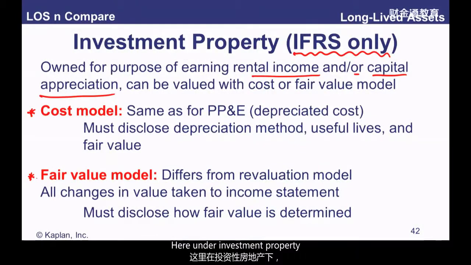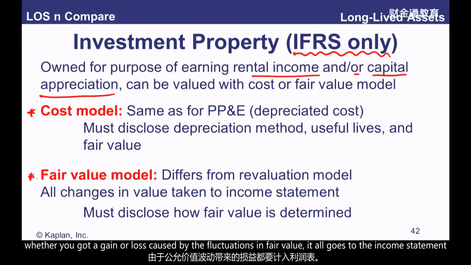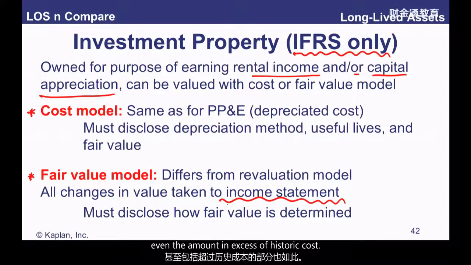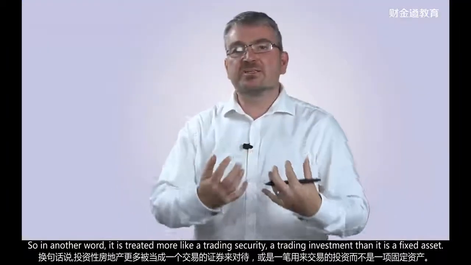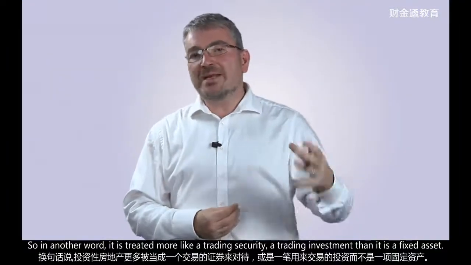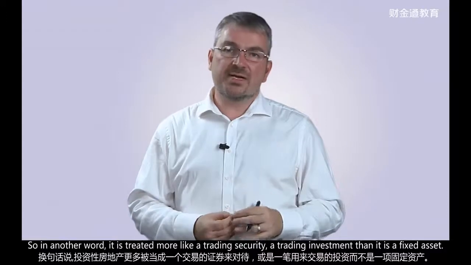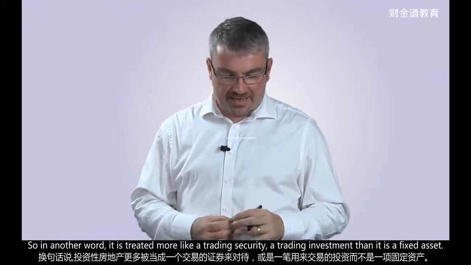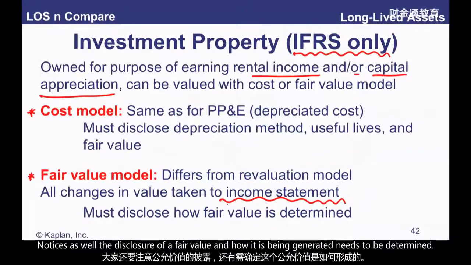Here, under investment property, whether you've got a gain or a loss caused by fluctuations in fair value, it all goes to the income statement, even amounts in excess of historic cost. So in other words, it's treated more in line with a trading security, a trading investment, than it is a fixed asset. Notice as well, disclosure of fair value, and how it's been determined, is needed.